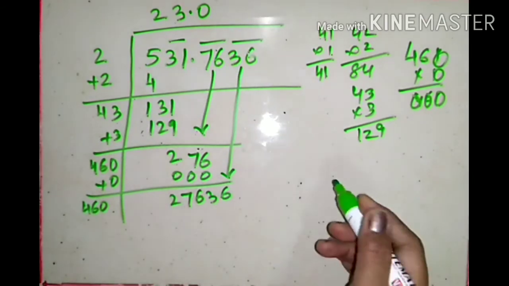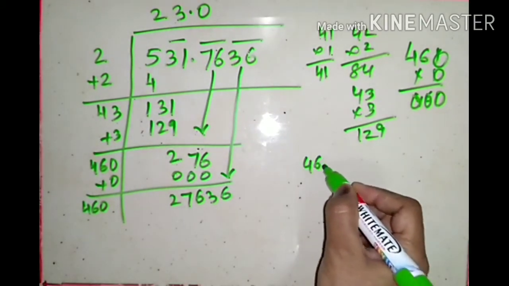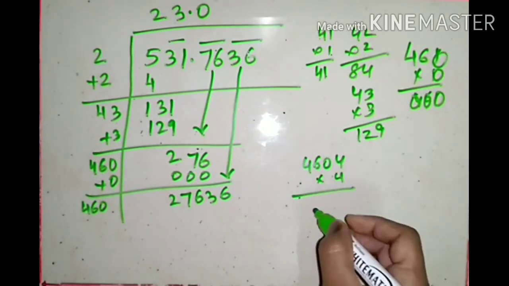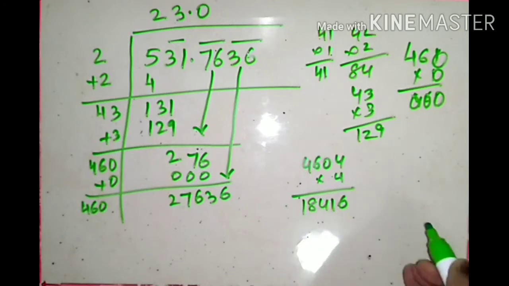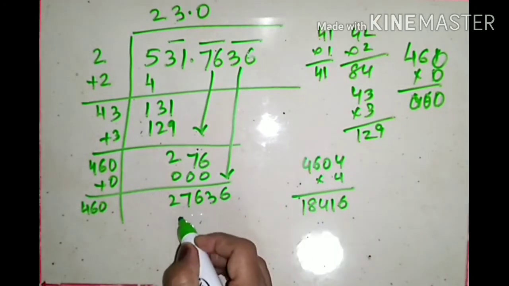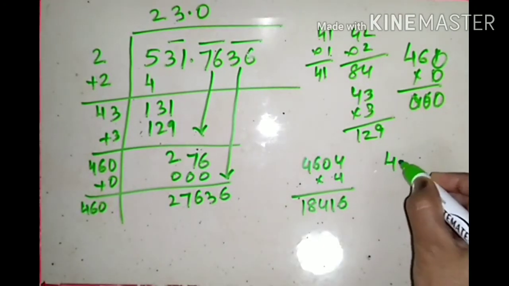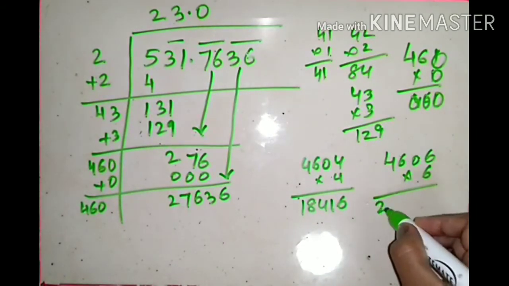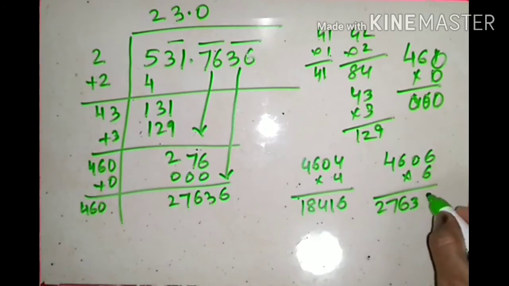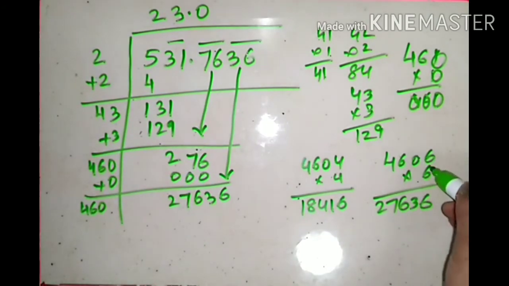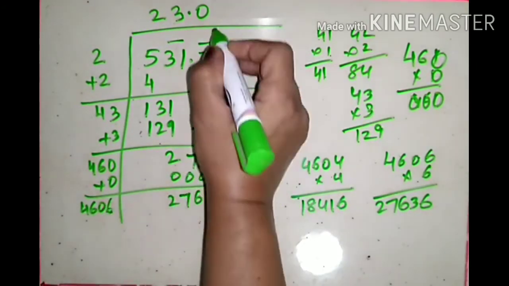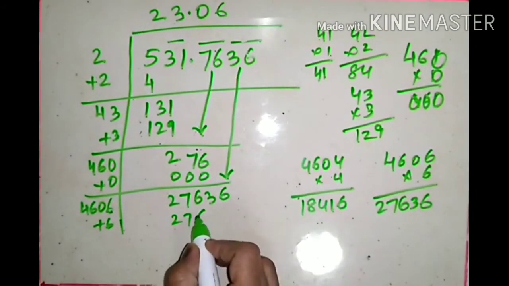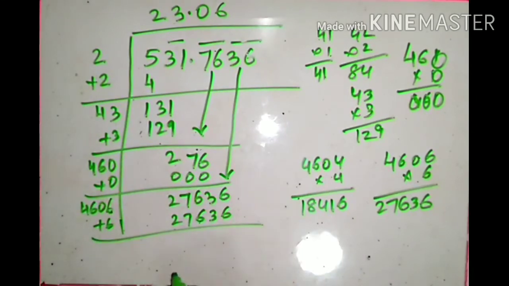We will check it with 4604, because 4 4s are 16. That will give us 18416, which is not close to this number. So we will check 4606 multiplied by 6. That gives us 27636. So we will write 6 here, here plus 6 and 27636 here.